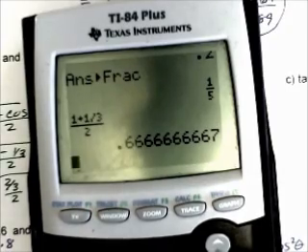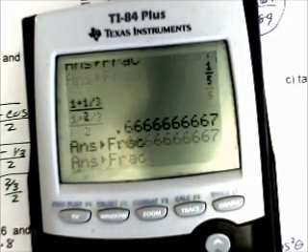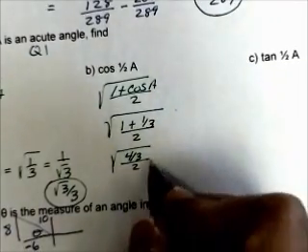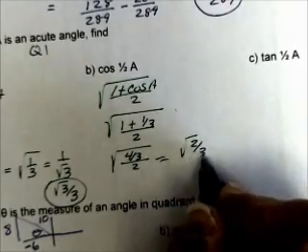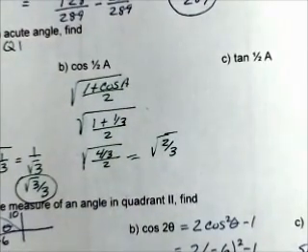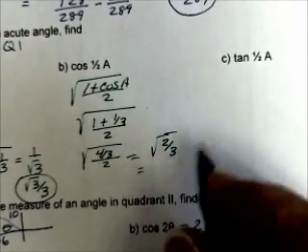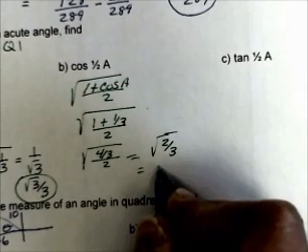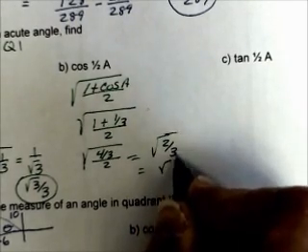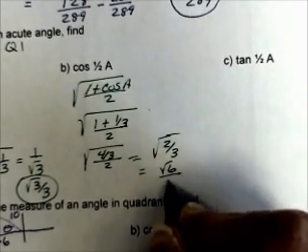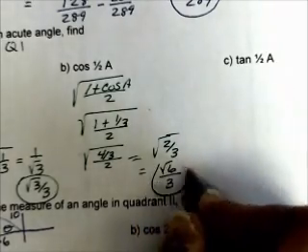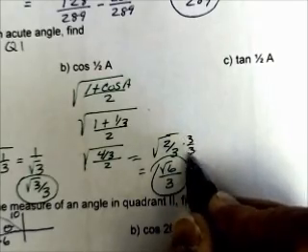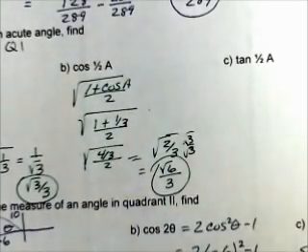It's 2/3. So this is equal to the square root of 2/3. And let's rationalize that denominator. Multiplying by square root of 3 over square root of 3, we get square root of 6 over 3.